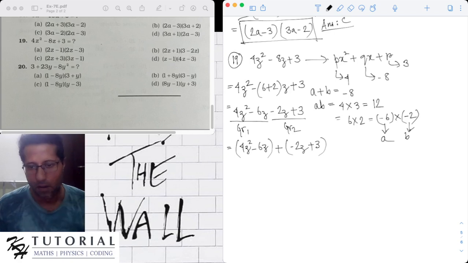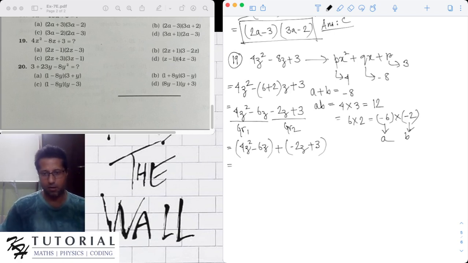Now you take out 2z as a common factor from all the terms of group 1.